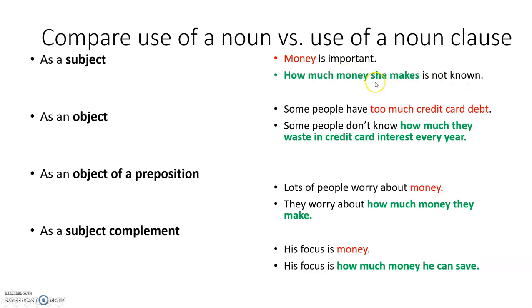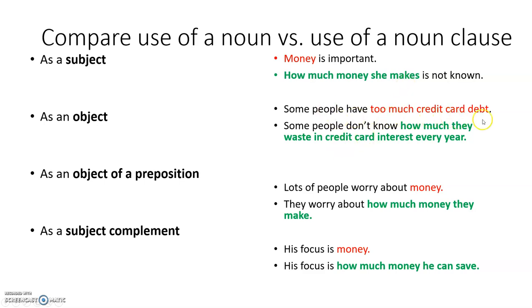So remember, you can always find a subject and a verb. "She makes." Most of the time you'll see "that" or a WH word. So "how" is a WH word. And in this case, you see it at the beginning of the sentence. You see the word "is" right after. So you can figure out that this clause is the subject of the whole sentence.